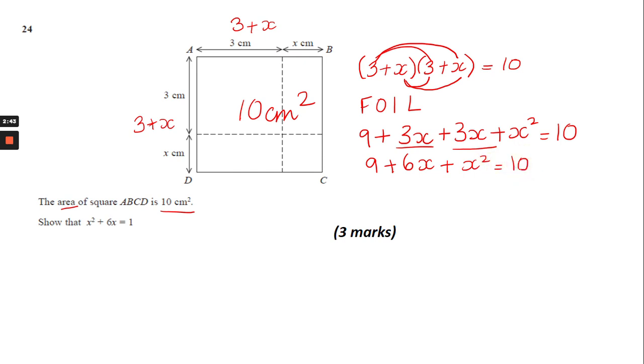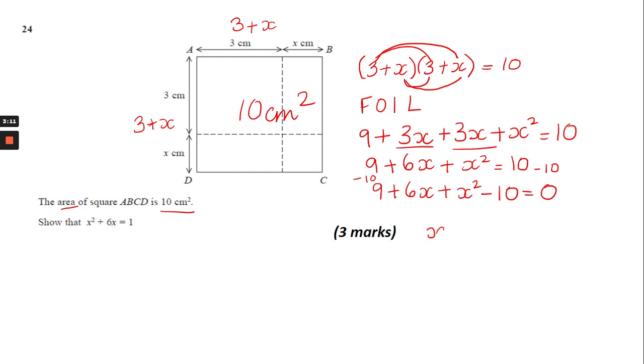Now, what I'm going to do is make this equation equal to 0. So I'm going to bring everything from the right-hand side over to the left-hand side. So I'm going to get 9 plus 6x plus x squared minus 10, because I'm going to minus 10 from both sides. So that is equal to 0. Now I can rewrite this. I'm going to try and make it look like a quadratic.